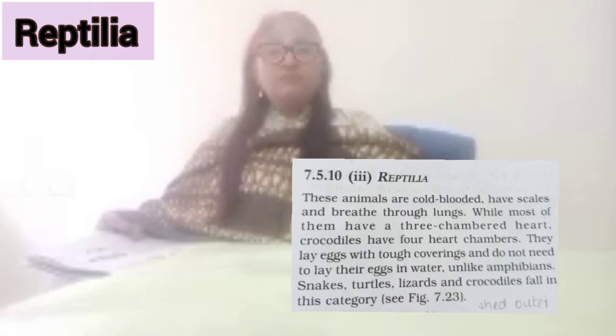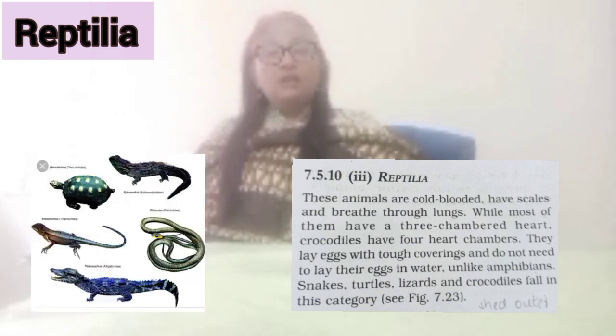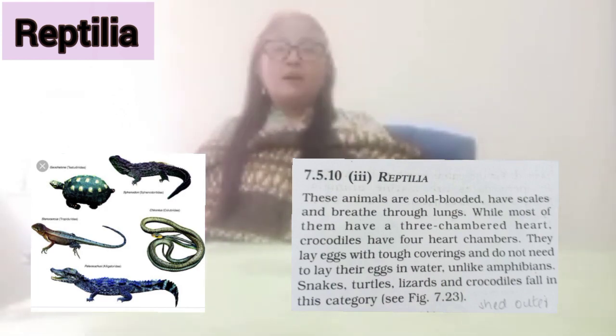Next is reptilia. They have an exoskeleton made of scales. They have a 3-chambered heart. Exception is in the case of crocodile, which has a 4-chambered heart. Pisces, amphibia and reptilia all are cold-blooded animals.